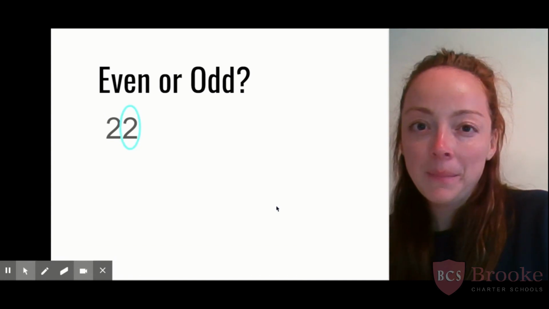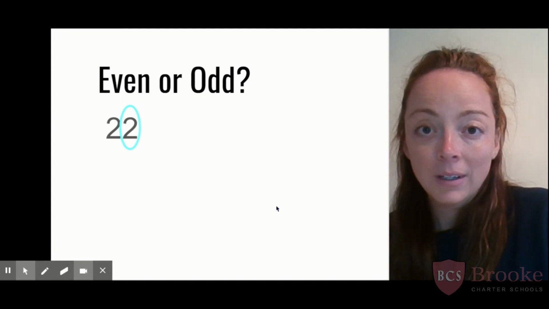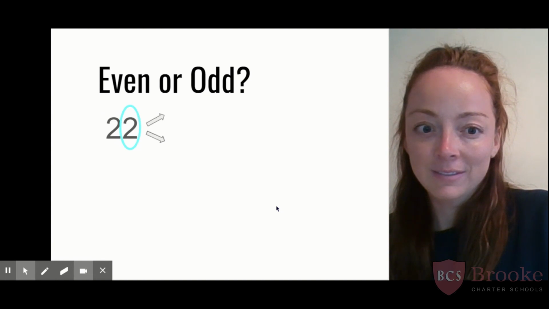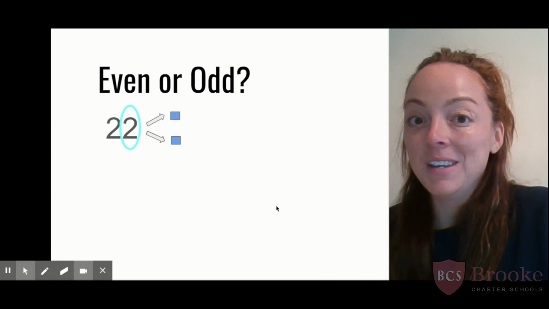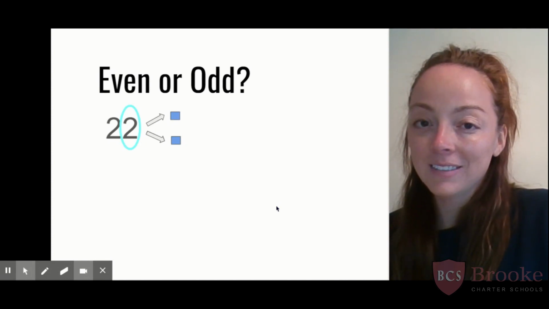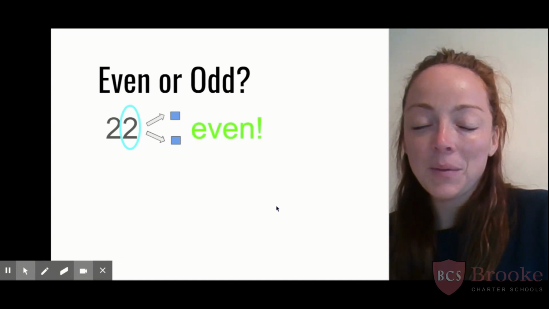So I think about, if I had 2 ones or 2 cubes, could I split that fairly? Definitely. 1 for me, 1 for you. So does that make 22 even or odd? Exactly, even. Let's try another one.